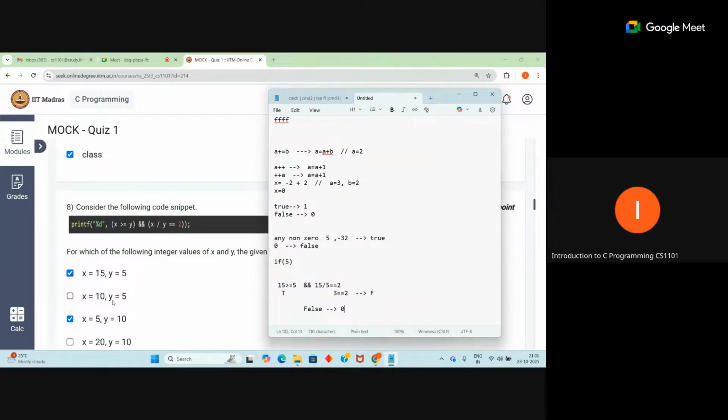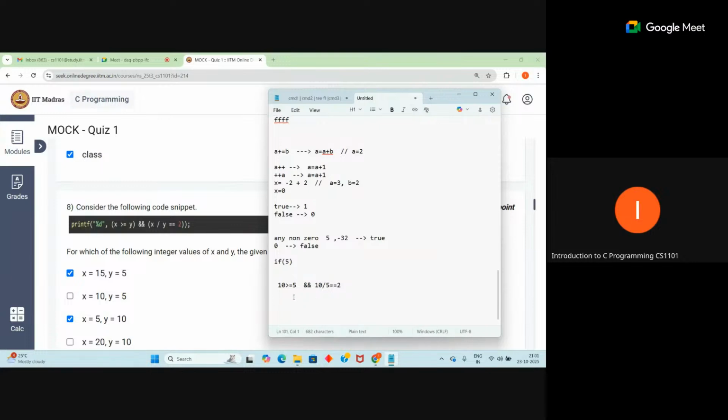Now we'll check the second case. What is the second case? You tell me. 10 greater than or equal to 5, which is true, and then it will evaluate this: 10 by 5, which is 2. 2 equal to 2 is also true.